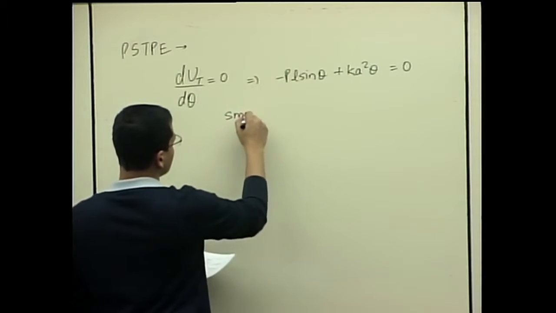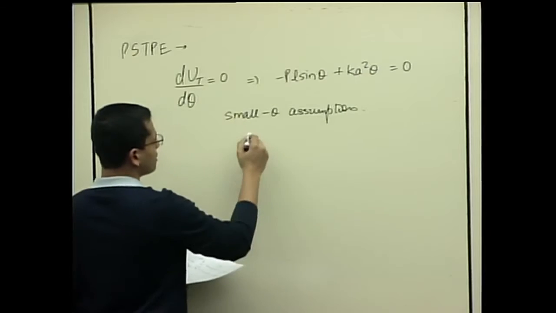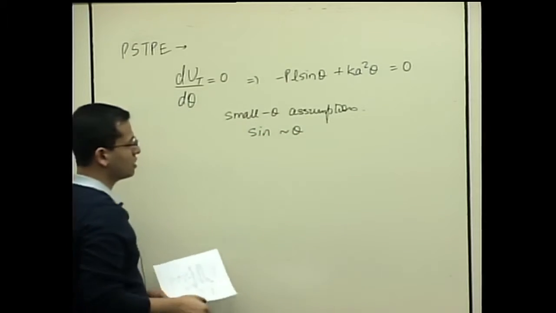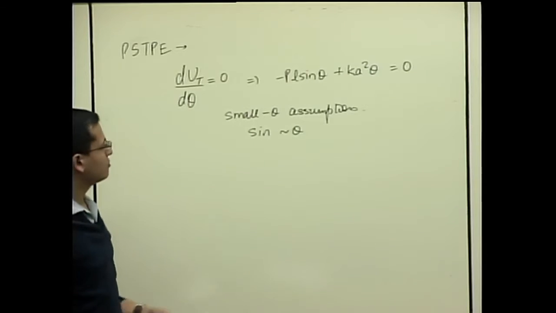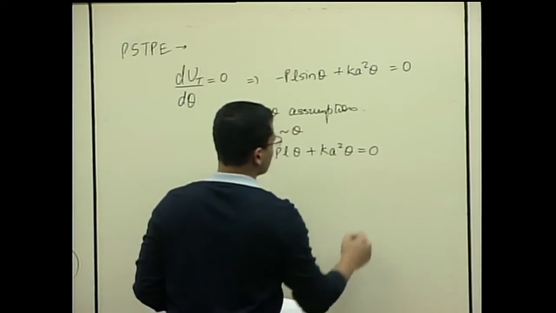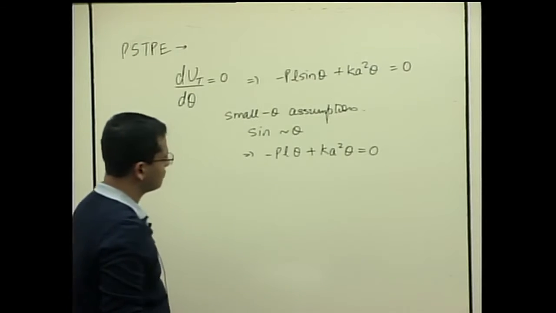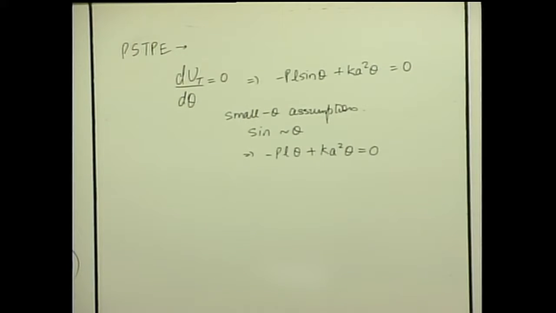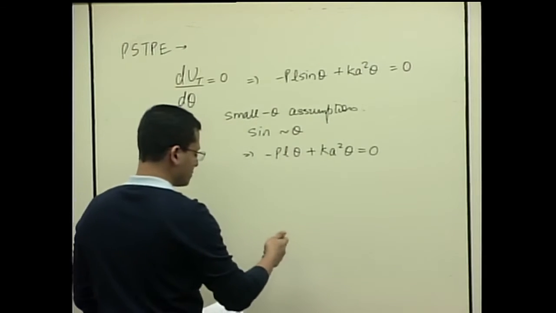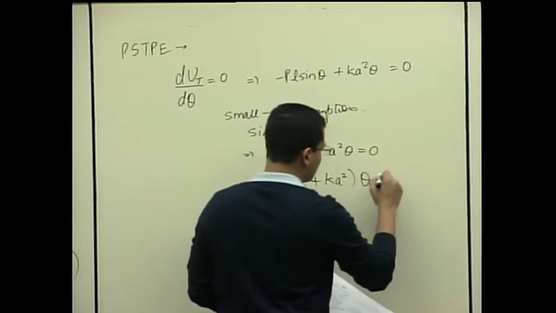So we have the small theta assumption. That would give us sine theta approximately equal to theta for small angles. So we can say that minus PL theta plus k a square theta is equal to 0. So rearranging terms, we get (minus PL plus k a square) times theta is equal to 0.